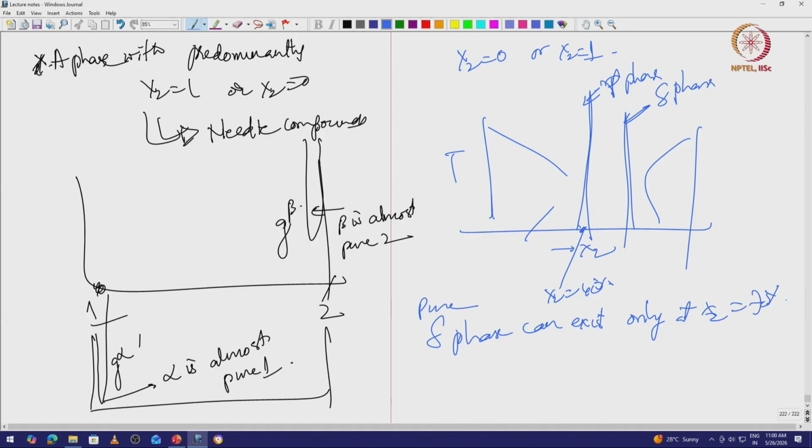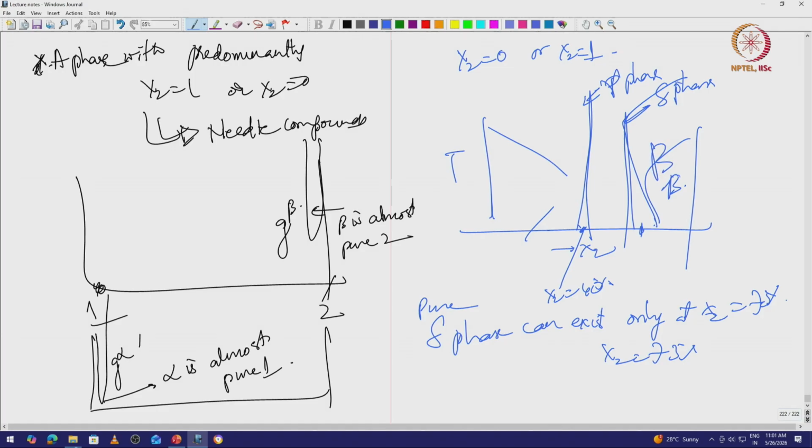And if x2 is 73%, then somewhere here I will have a combination of this beta phase plus delta phase, something like that, let us say.